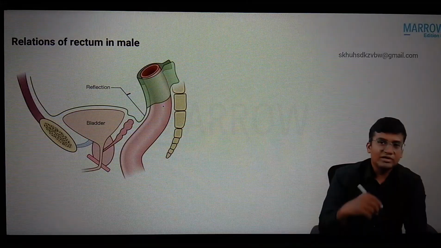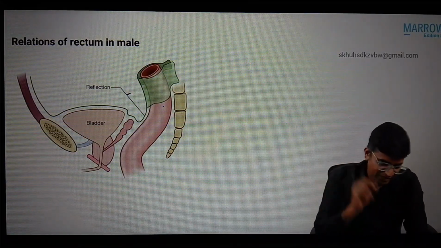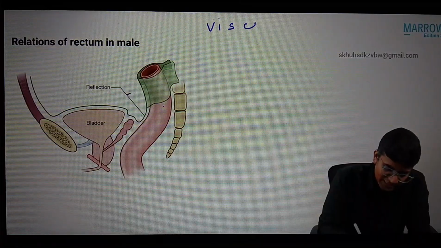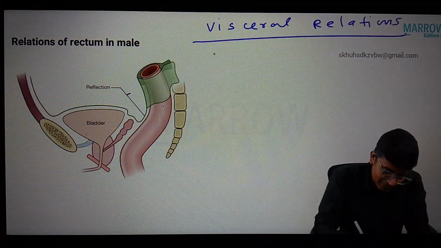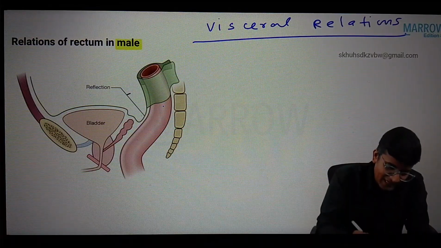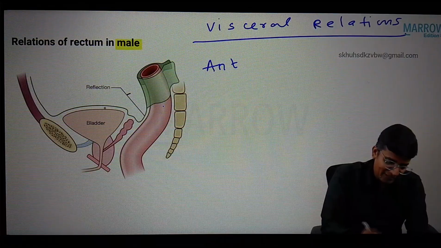So peritoneal relations over. Next, we are going to see the visceral relations for male and female. So please write the visceral relations. In male, anteriorly, in the front of the rectum, what do we have? Bladder.